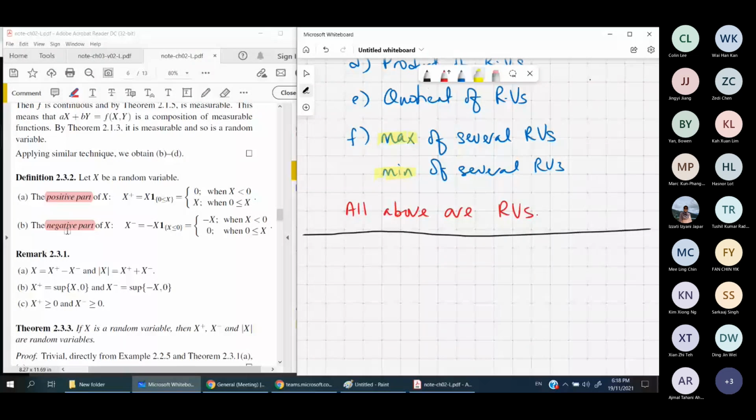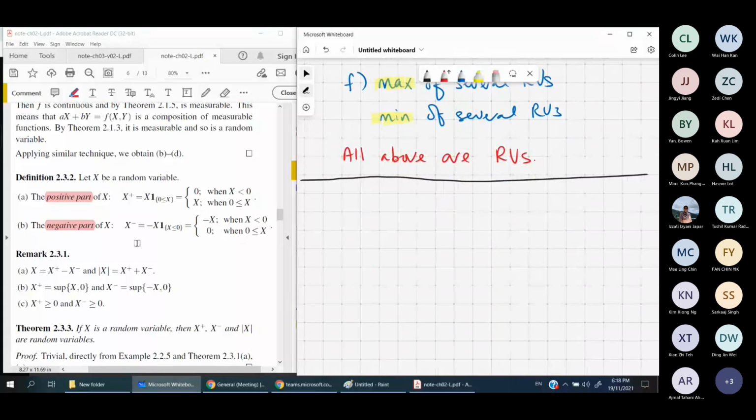Likewise, the negative part of X, we denote by X minus, will be negative X when X is less than or equal to 0, and 0 when X is greater or equal to 0. Okay, maybe the idea of positive and negative parts is not so clear from these two mathematical definitions.